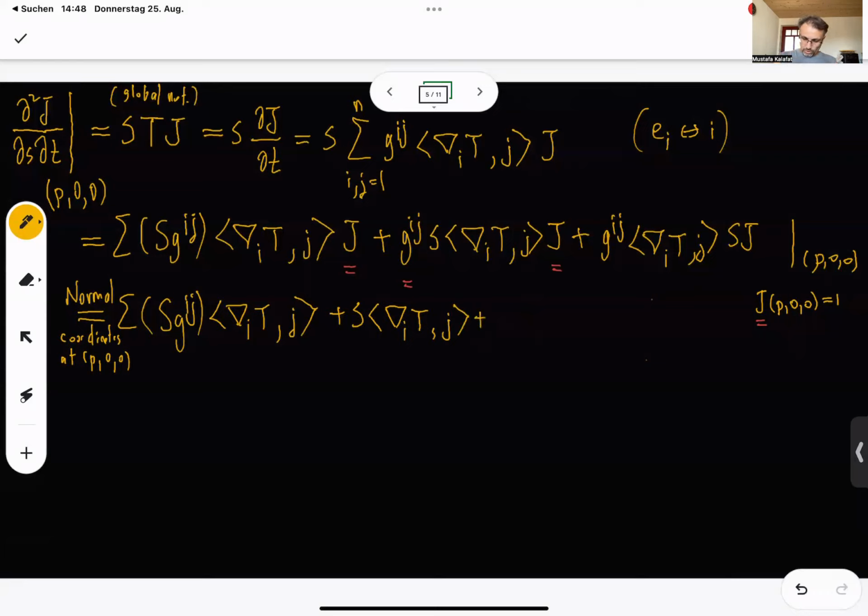Plus now you can write down. Here also g^ij is going to become 1 and disappear again.